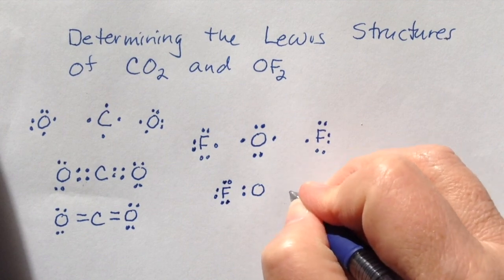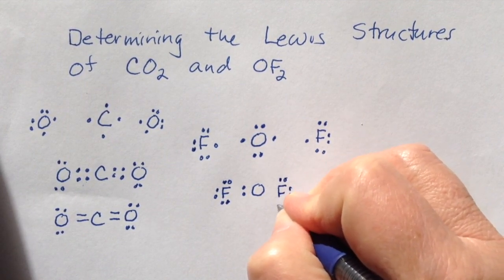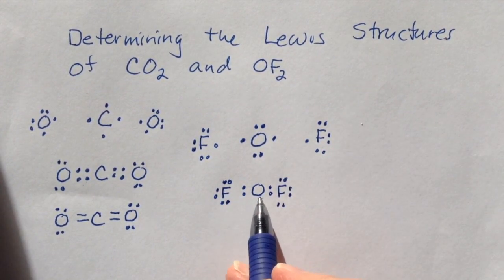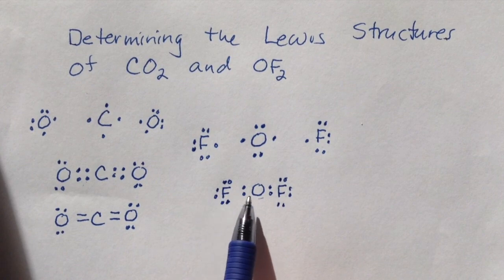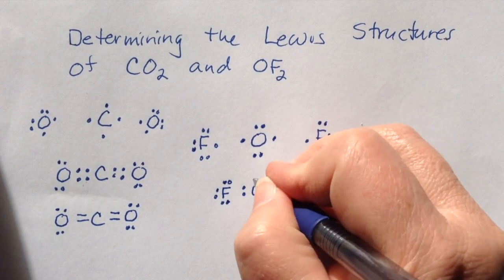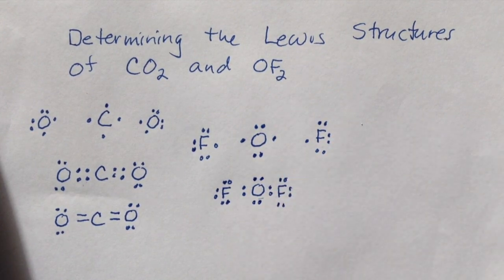It's a beautiful thing, and that happens on both sides. So there's 2 electrons in between fluorine and oxygen on both sides. One is from the fluorine, one is from the oxygen. And then oxygen still has its lone pairs that were not bonded, so the non-bonding electrons.